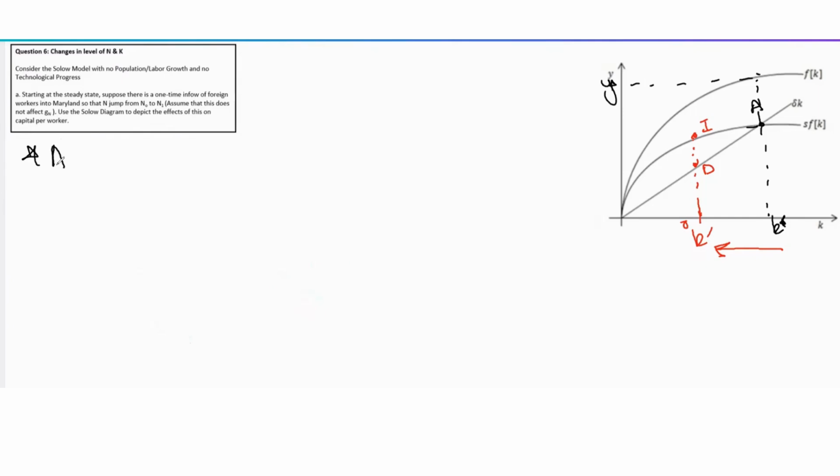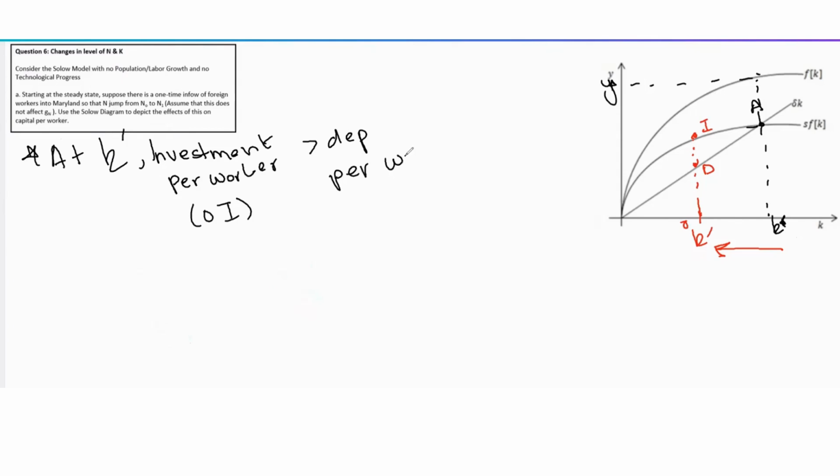At k prime, we notice that investment per worker, which is represented as OI over here, is greater than depreciation per worker, which is OD at the point k prime.